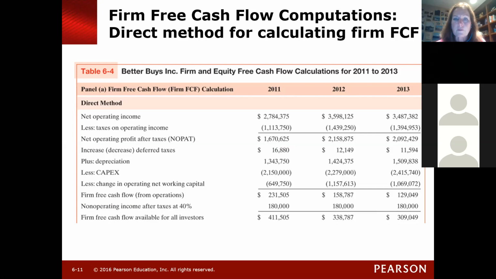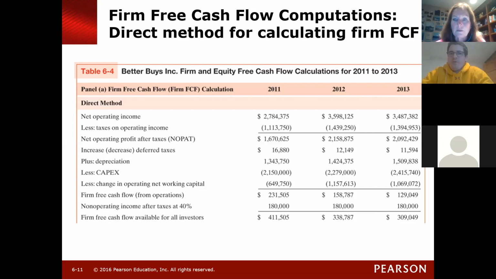I have a question. We're talking about free cash flow from operations, but CapEx, isn't that classified as an investing cash flow? Yeah, it is, and you're a slide or two ahead of me. It is in a cash flow statement. It's counted as an investing activity.